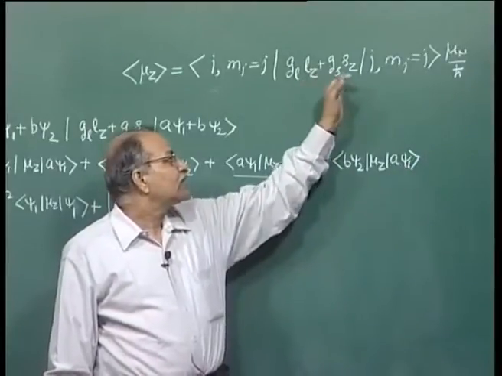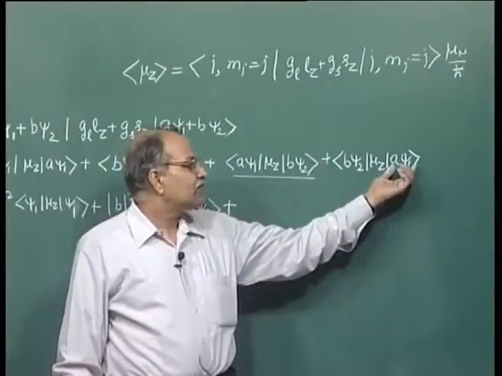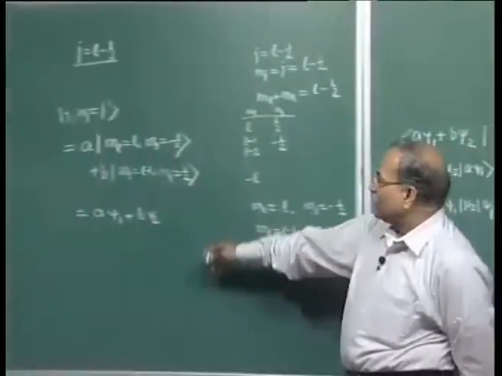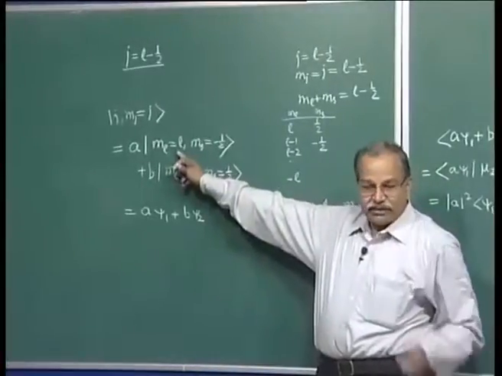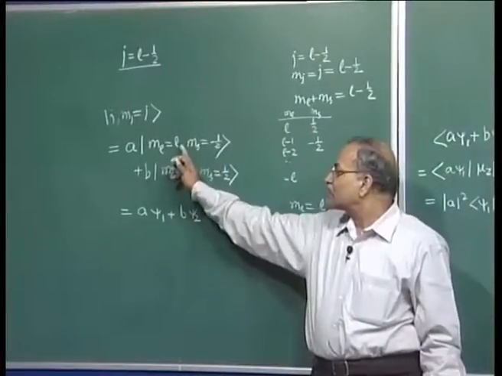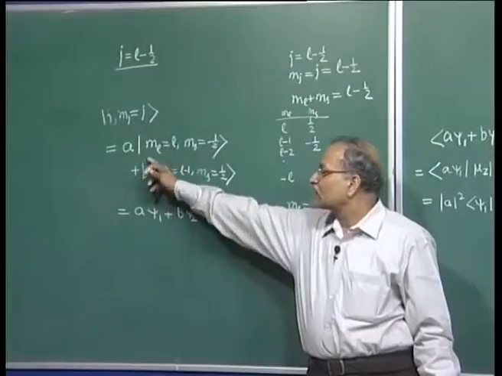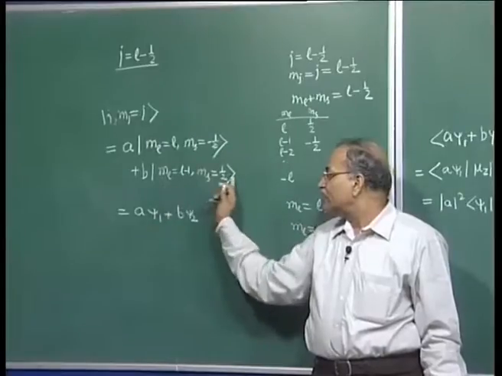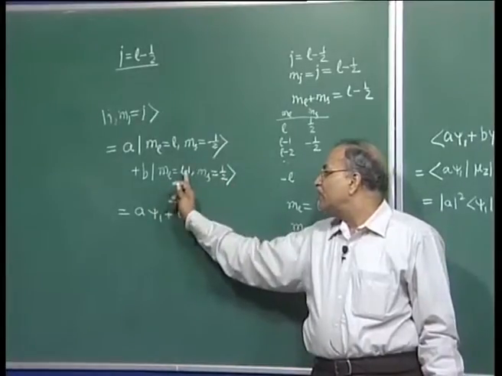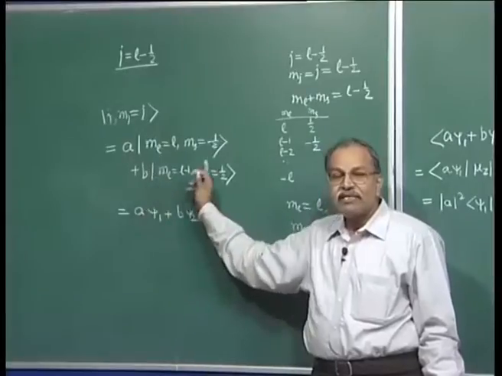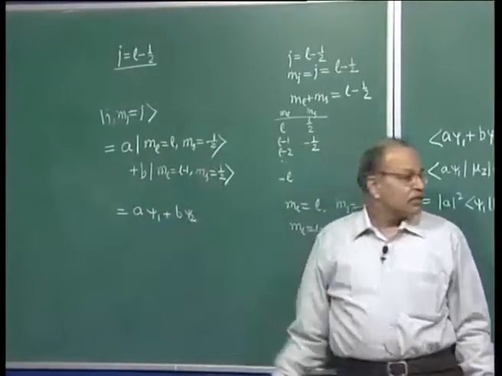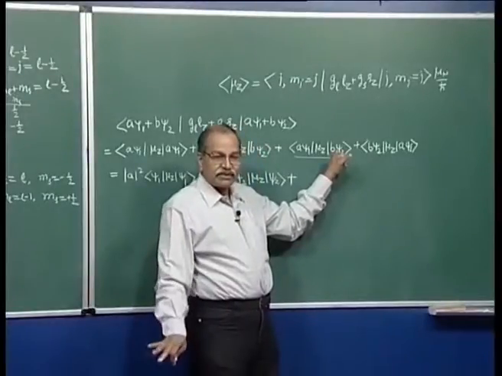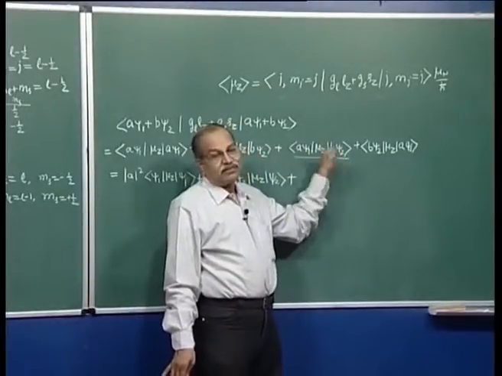Separately you can look at Lz operating on psi 1, what will it give? ml is equal to L. So, Lz operating on this part will just give you L h cross times the same wave function. Similarly, Lz operating on psi 2 will give you L minus 1 h cross times the same wave function. So, after operation also it remains psi 2, with some constants, and psi 1 and psi 2 will be orthogonal.